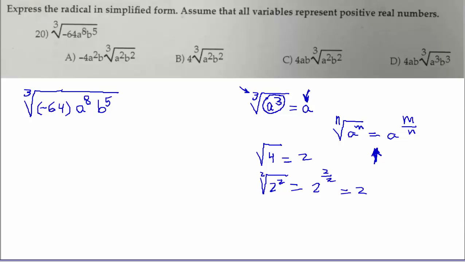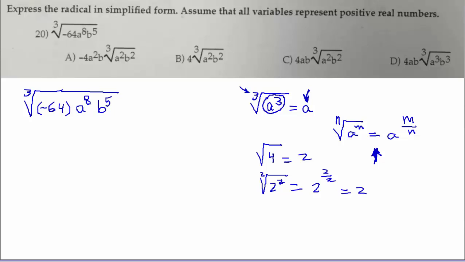If I break negative 64 into its prime factors, what do I get? What number, multiplied together 3 times, gives you 64? Somebody says 8, somebody says 4. Negative 4, right.